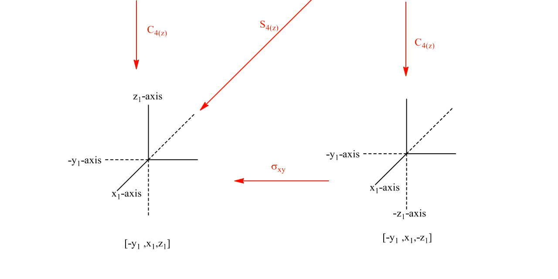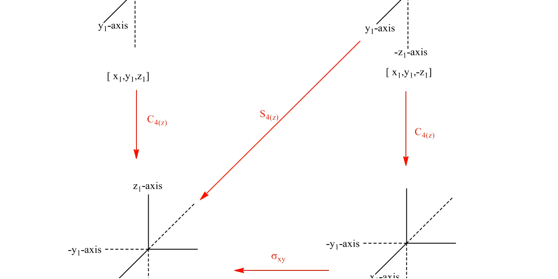Again by operating the sigma xy plane, you can see here the x axis and y axis remain the same, so minus y1 and x1, and the z axis will reflect, so it will give minus z1 to plus z1. So minus y1, x1 and minus z1, by operating the sigma xy plane, will give minus y1, x1, z1.